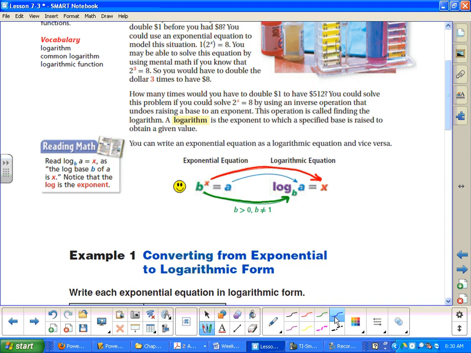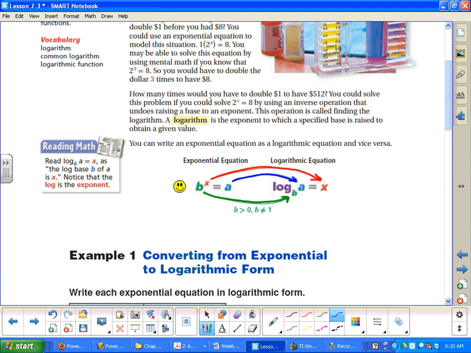And then our answer here, a, is what we're taking the log of. So it's the log base b of my answer from the exponential equation is equal to the exponent. Really, all a logarithm is, is an exponent. We're finding an exponent.